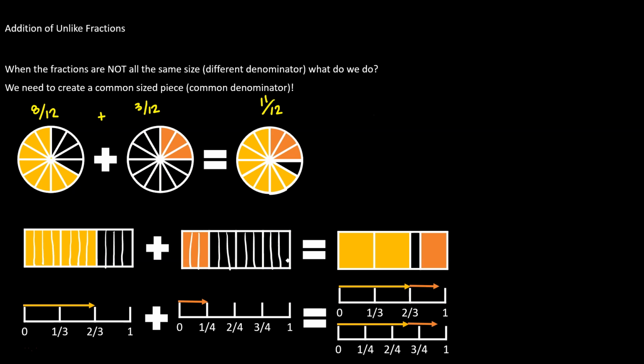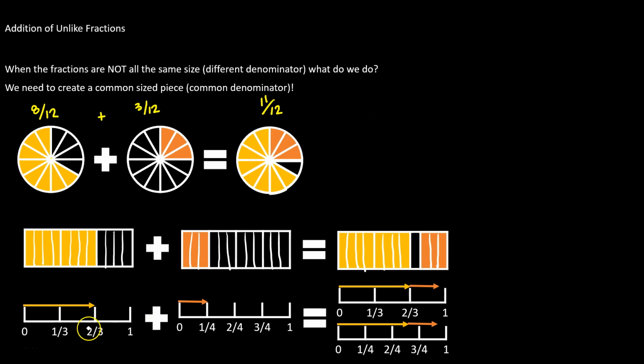That way, both rectangles are now cut into equal sized parts. There's 12 of them that make a whole. And then we copy that into our solution. And we can see again that we have 11/12.